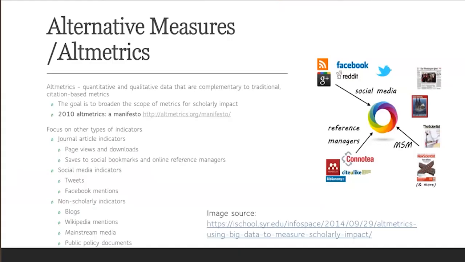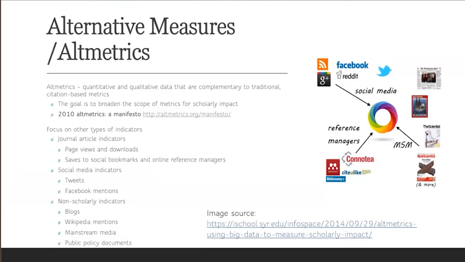My last slide includes an infographic that a former classmate of mine shared this morning, and I asked her if I could borrow it. Facebook mentions, and then non-scholarly indicators like blogs, Wikipedia, mainstream media, and public policy documents. So this might actually relate to your work, Daniel.